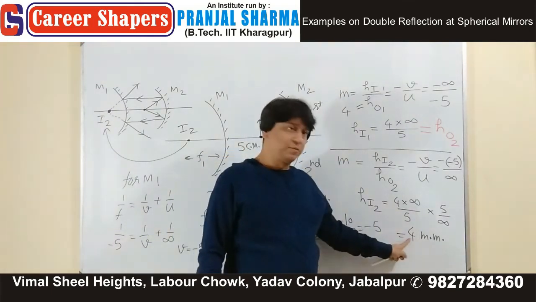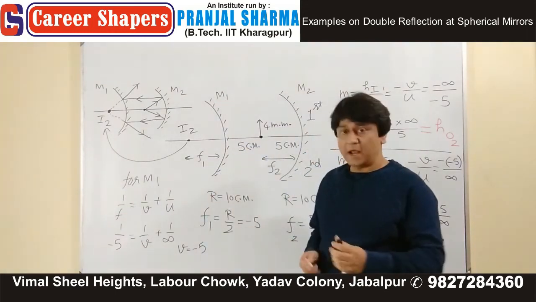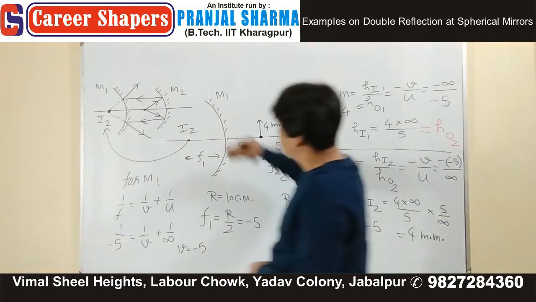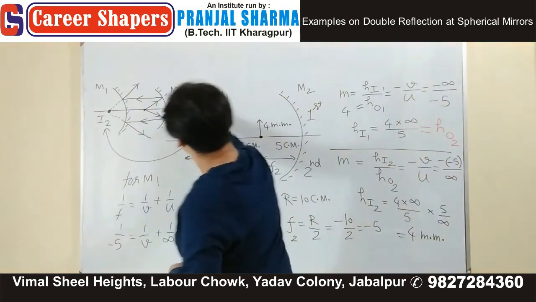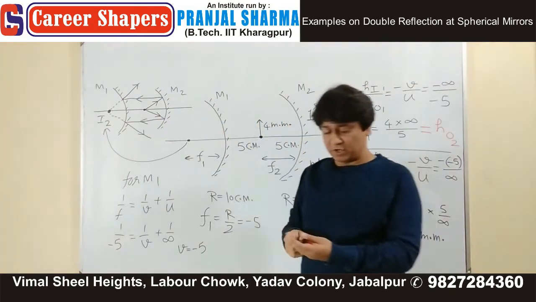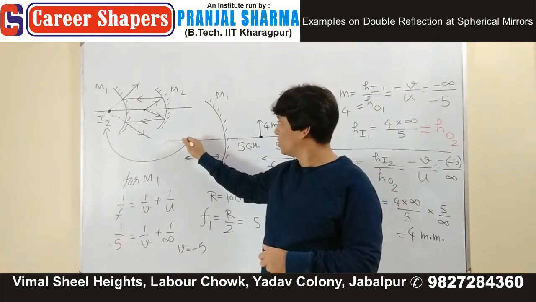Hi is coming plus, that means it is an erect image. And since it lies behind M2, behind M1, since it lies behind M1, it is going to be what? A virtual image. So this is your virtual image.